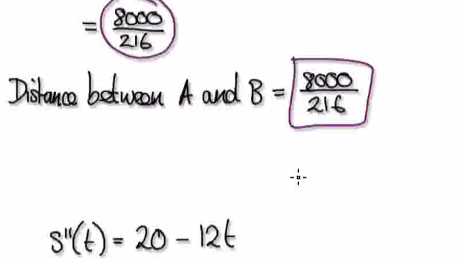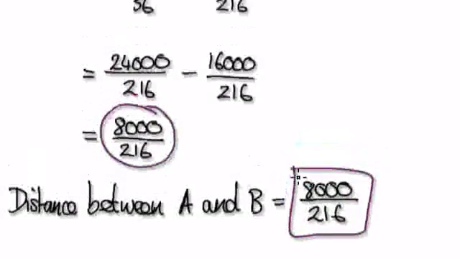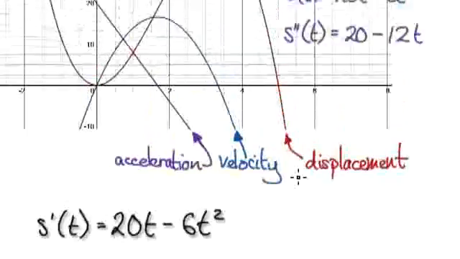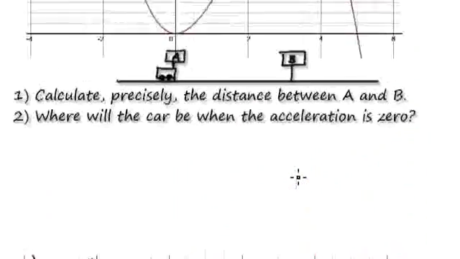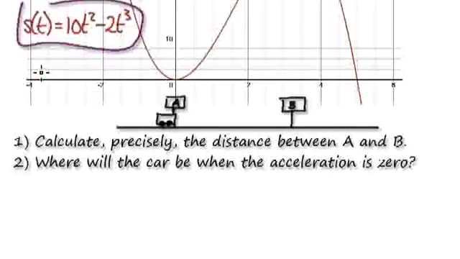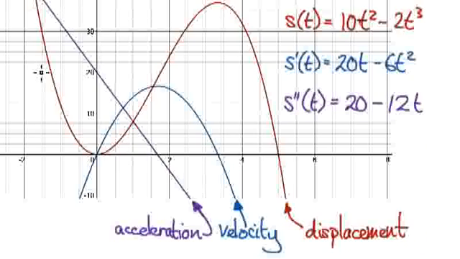Okay, and now we've got to find out where along the journey the acceleration will be 0. Given this here, differentiate it twice.